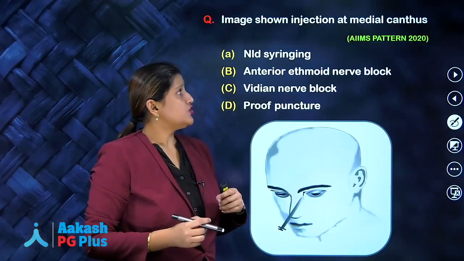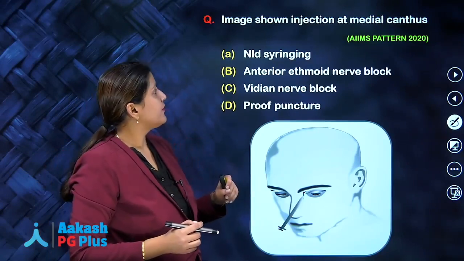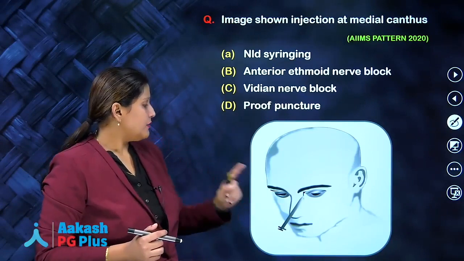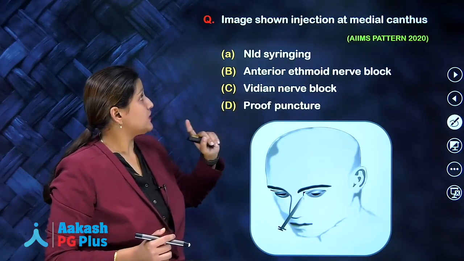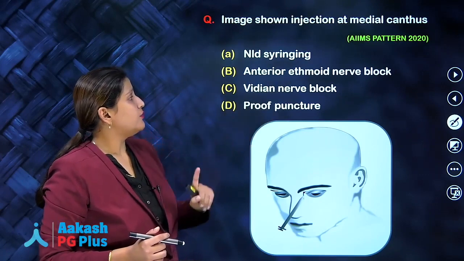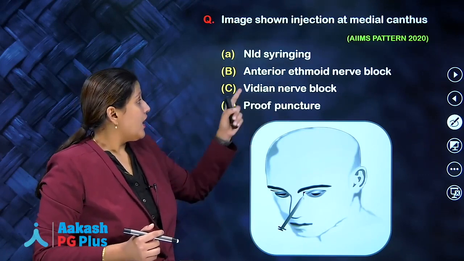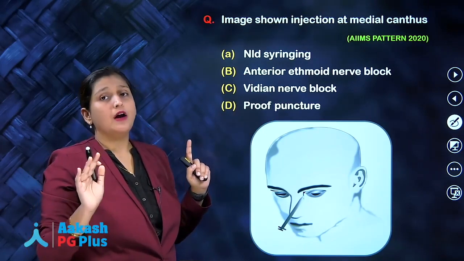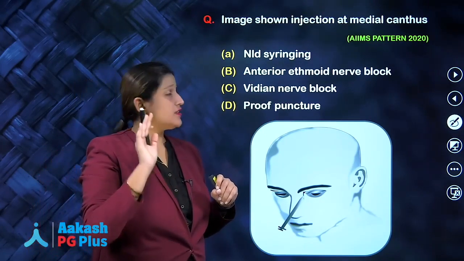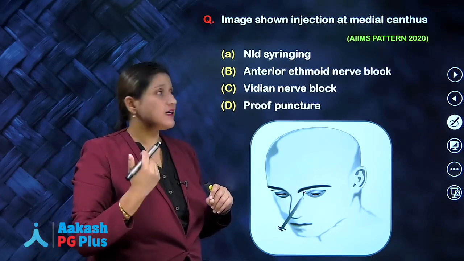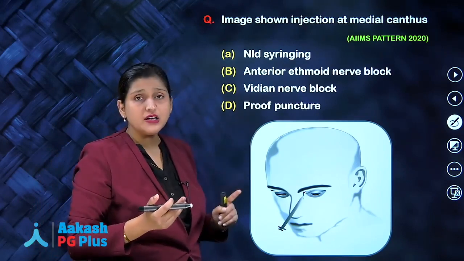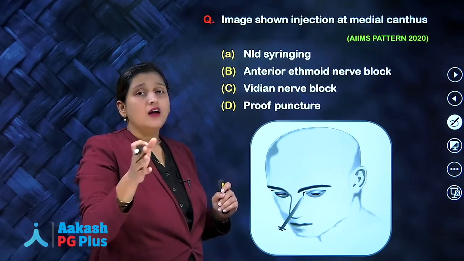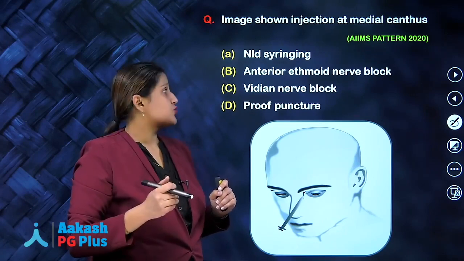The image shows injection at the medial canthus. So, what is this procedure called? There can be confusion between NLD syringing and anterior ethmoidal nerve block. Vidian nerve is present in the nasal cavity, in the posterior part of the middle turbinate. It is present at the posterior wall of the maxillary sinus. Proof puncture is done through the nose, through the inferior meatus, and the maxillary antrum is opened.